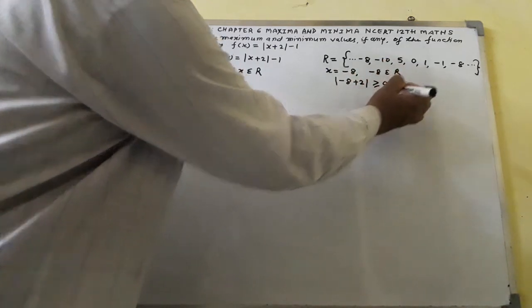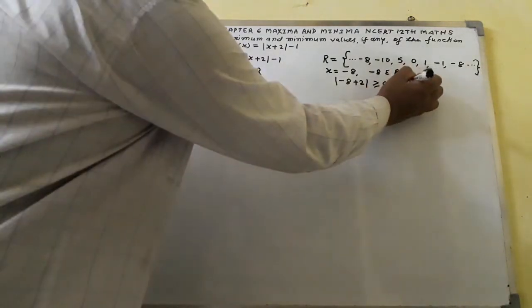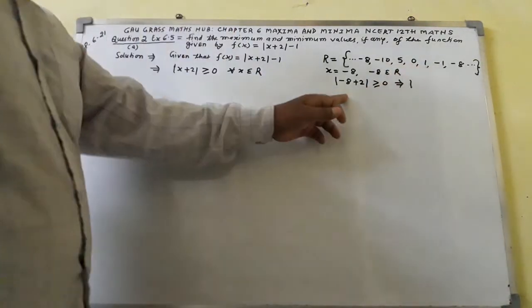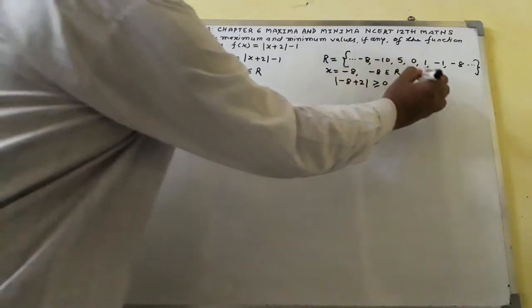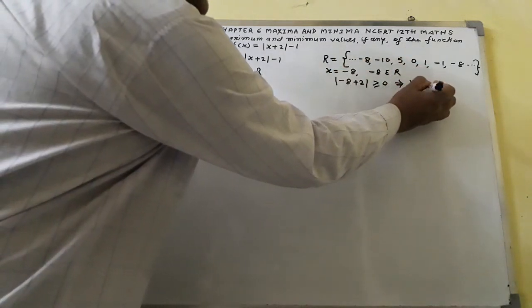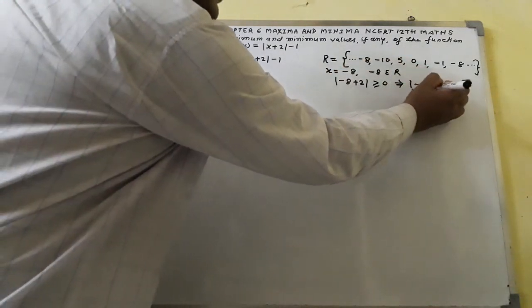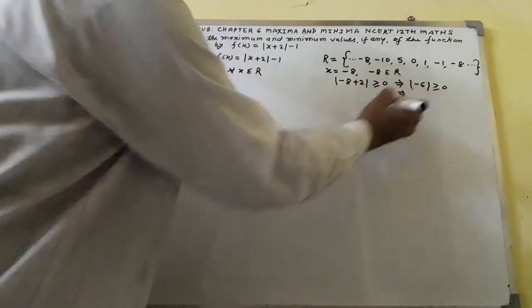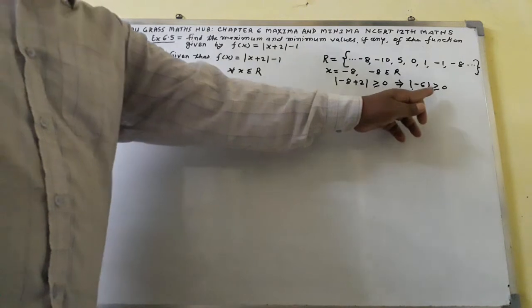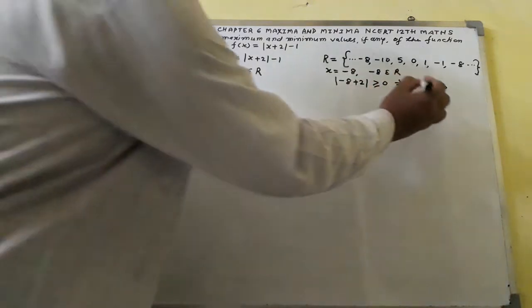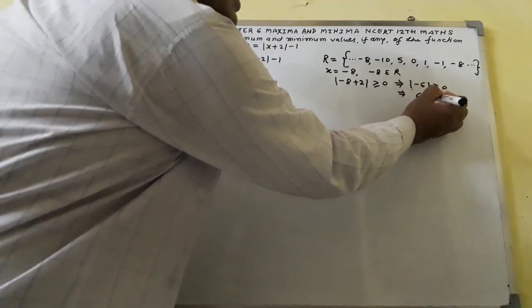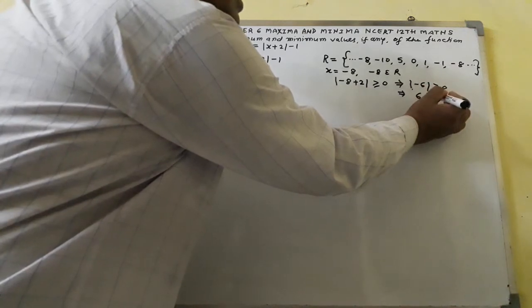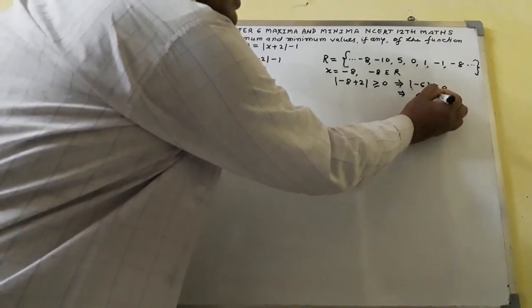Now see here, implied that mod of minus 8 plus 2 comes out to be minus 6. Mod minus 6 comes out to be 6, which will be greater than 0.